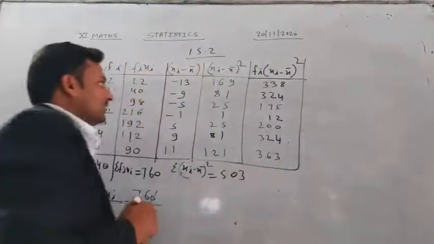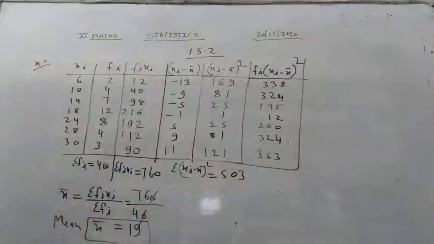Okay. Now this is the multiplication of fi and xi minus x bar square.